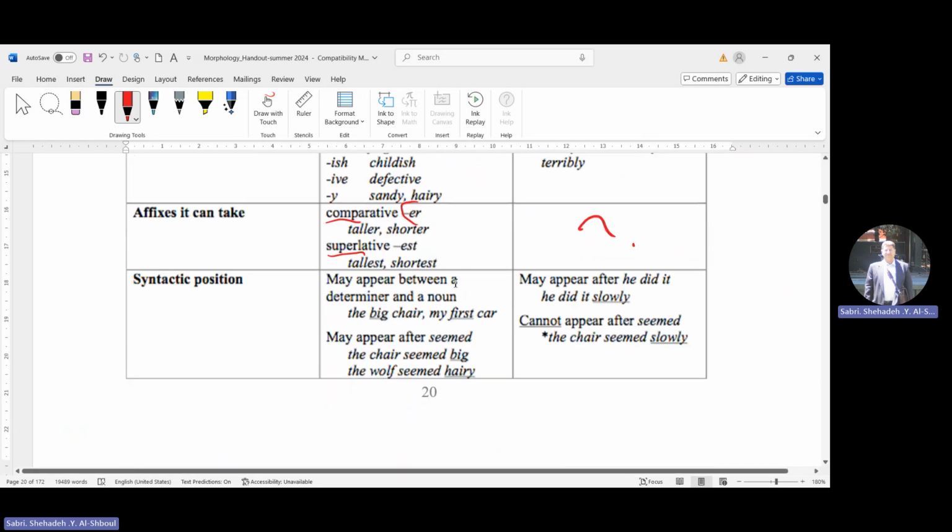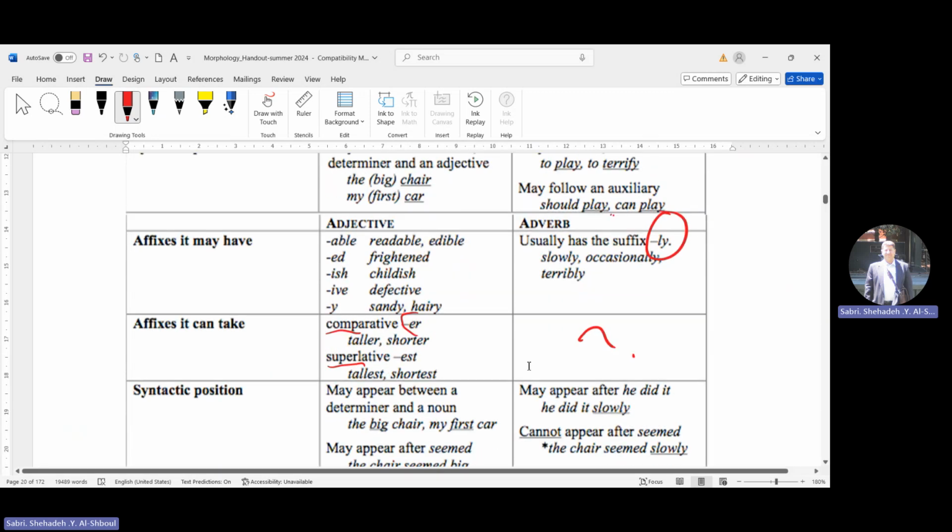The syntactic position for the adjectives is that they appear between a determiner and a noun, as in the big car, my first car, and also they appear after verbs like seem, turn, appear, copula, I mean, be verbs, and so on and so forth. The chair seemed big. The body turned red, became red, and so on and so forth.